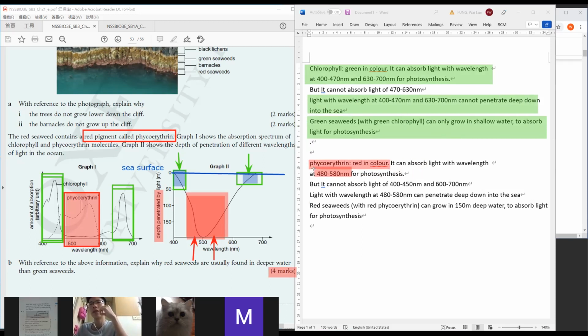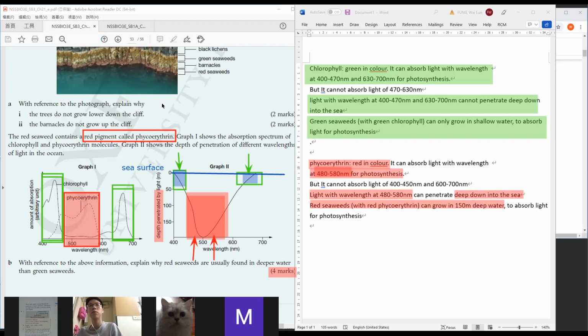It can absorb light at this range, 480 to 580. This range of light can penetrate deep down into the water. So this type of seaweeds can grow deep down into the water to absorb light for photosynthesis. Okay, got it? 4 marks.